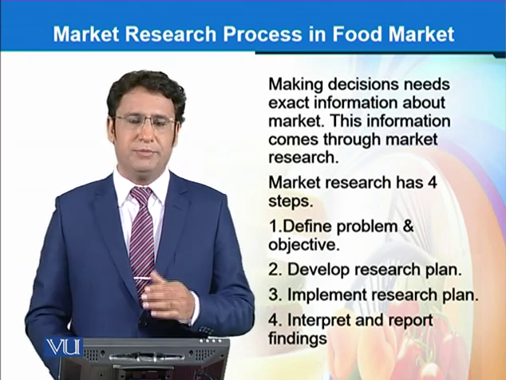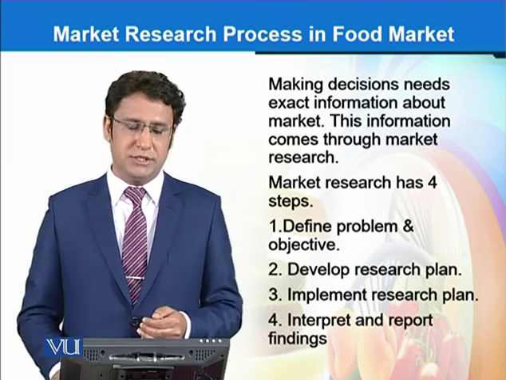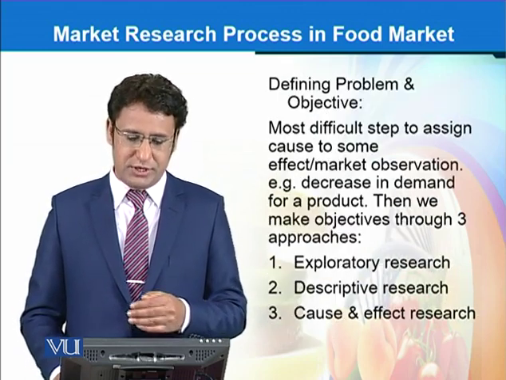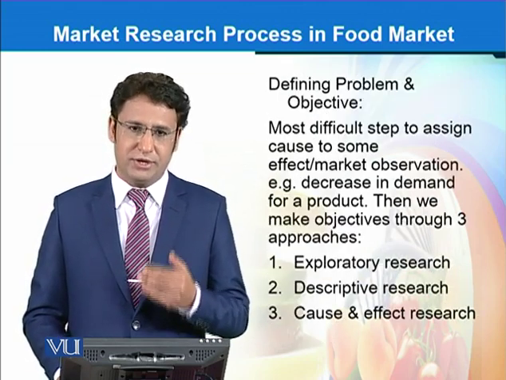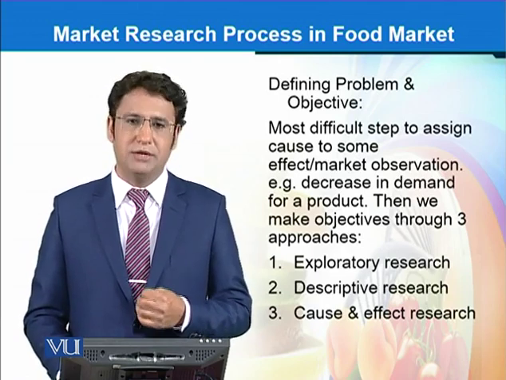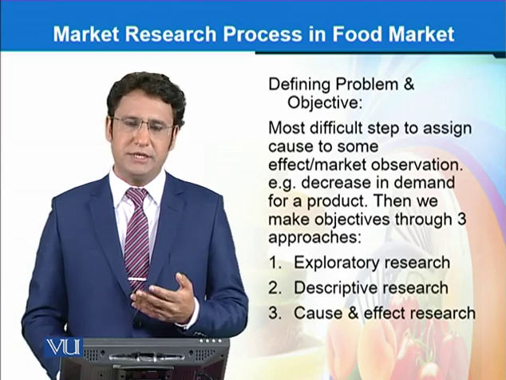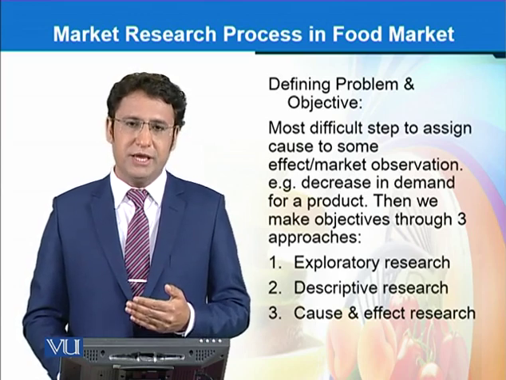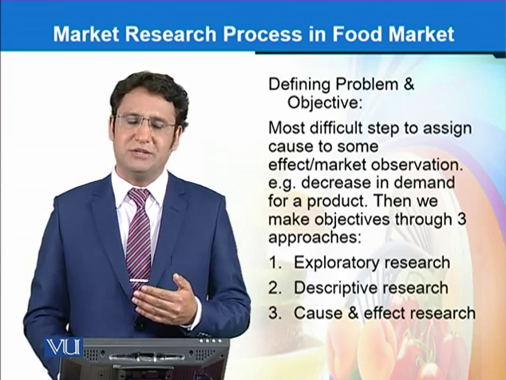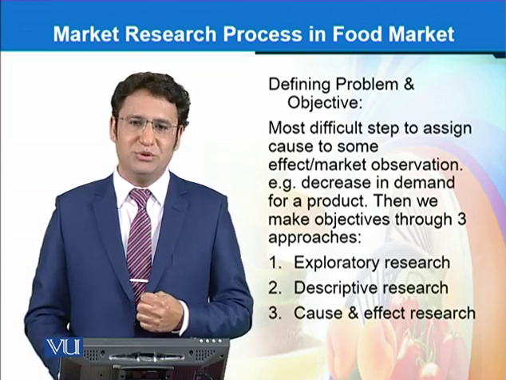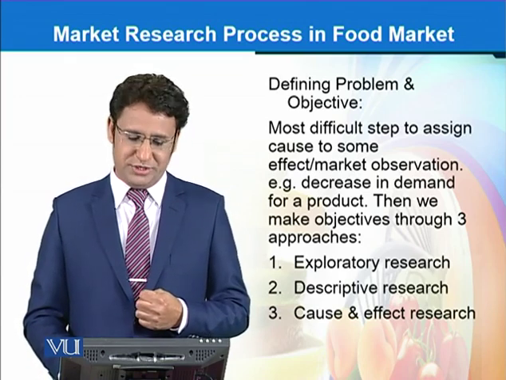Now we'll put a little more light on these steps one by one. If we start with step one, which is defining the problem and objective, in order to start any research, this is the very first step. It's not only the very first step, it is also the most difficult part, to assign cause to some effect.